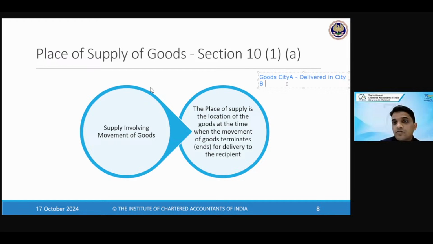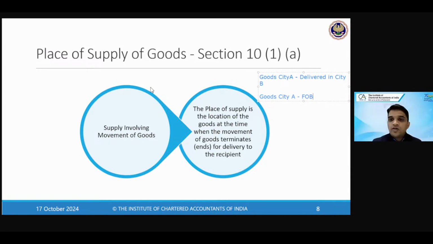Okay. Now, take a scenario where goods are in city A and your contract is FOB. FOB means that you will deliver the goods at your factory gate and the customer will come and take the responsibility for transportation of the goods.